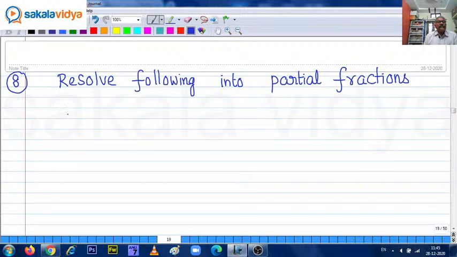In that, what is the first question? 3x upon x minus 2 into x plus 1.